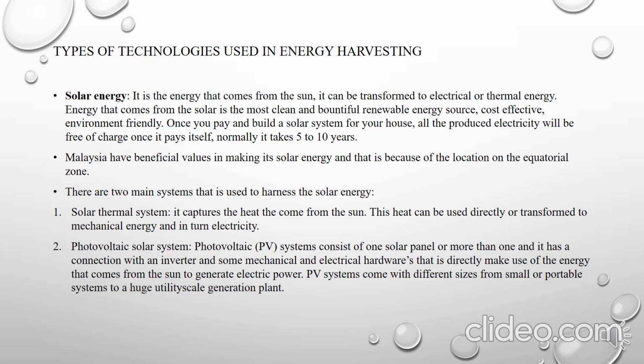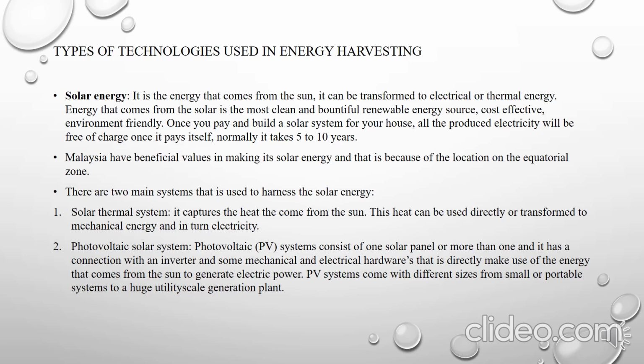Secondly, the photovoltaic solar system, or PV, consists of one or more solar panels connected with an inverter and some mechanical and electrical hardware that directly makes use of energy from the sun to generate electric power.